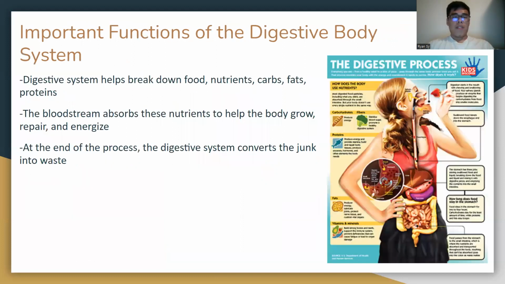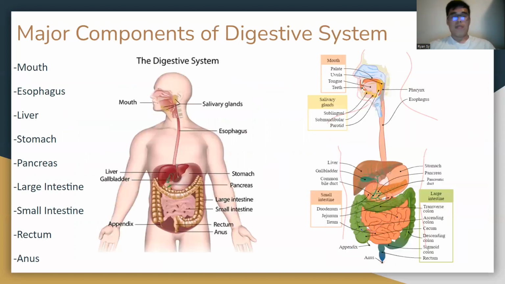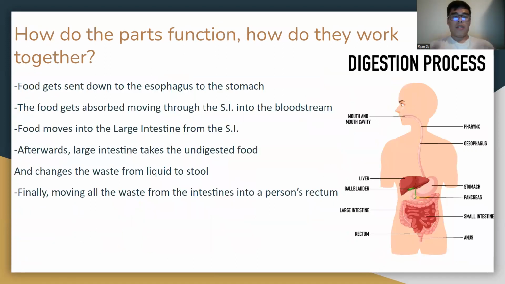Moving on. To start off, the important function of our digestive system is that it helps break down foods, nutrients, carbs, fats, and proteins from the foods we eat every day. Our body absorbs these nutrients to help us grow, repair, and energize. The major components are our mouth, esophagus, liver, stomach, pancreas, large intestine, small intestine, and our rectum and anus. Our mouth is what we use to eat the food, and the food gets sent down the esophagus to the stomach.